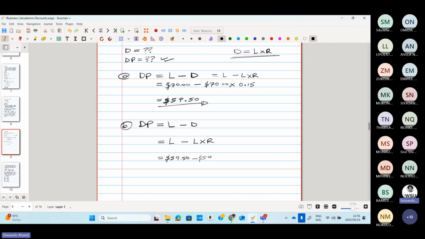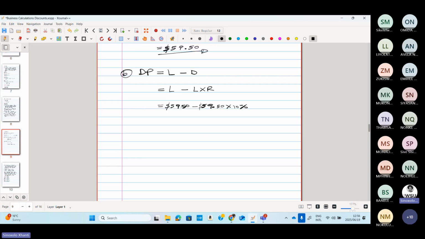So we have this $59.50, and then times the discount, which is 10%.